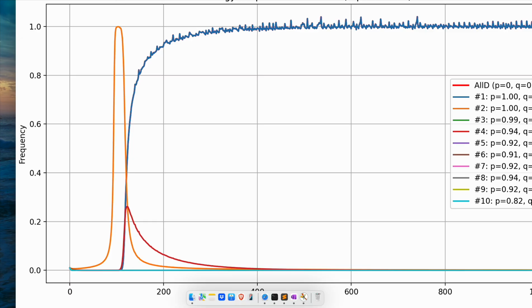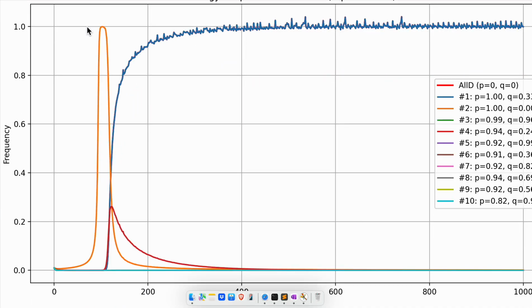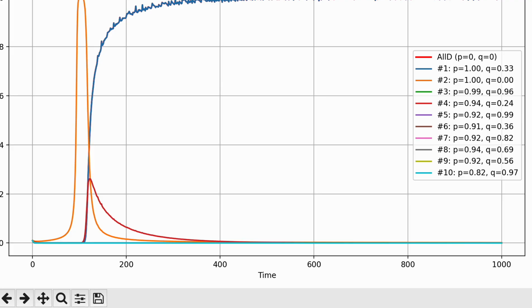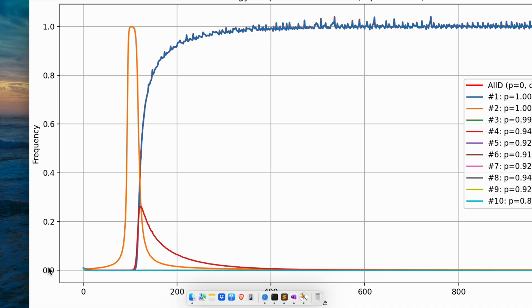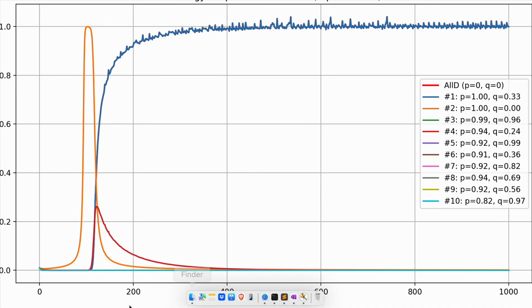Maybe this is the thing: in the y axis it is the frequencies, going from 0 to 1, and in the x axis it is the time. If you wait enough, you will see that the TFT-like strategy, shown here in orange, strategy 2, with p equal to 1 and q equal to 0, will increase fast, then it will decrease, and then go extinct in the population.